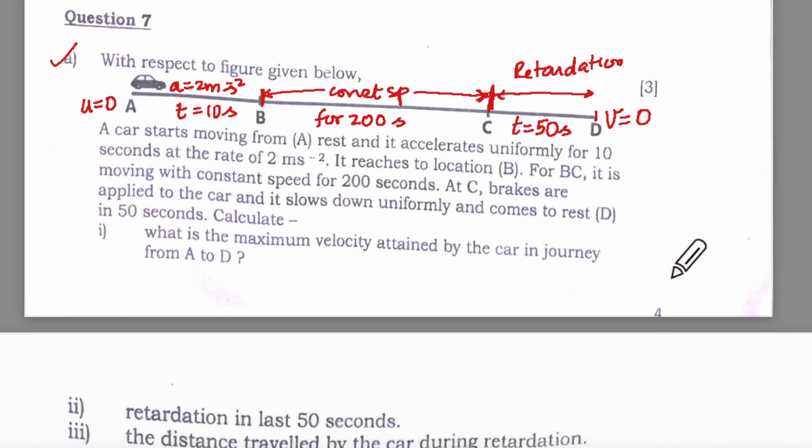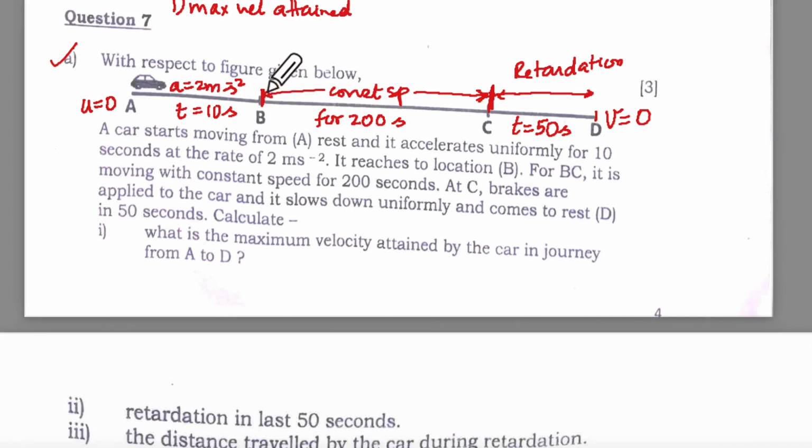Okay. Now, what is the first question? The first question says maximum velocity attained. Tell me, when it is accelerating, it will reach maximum velocity, right?